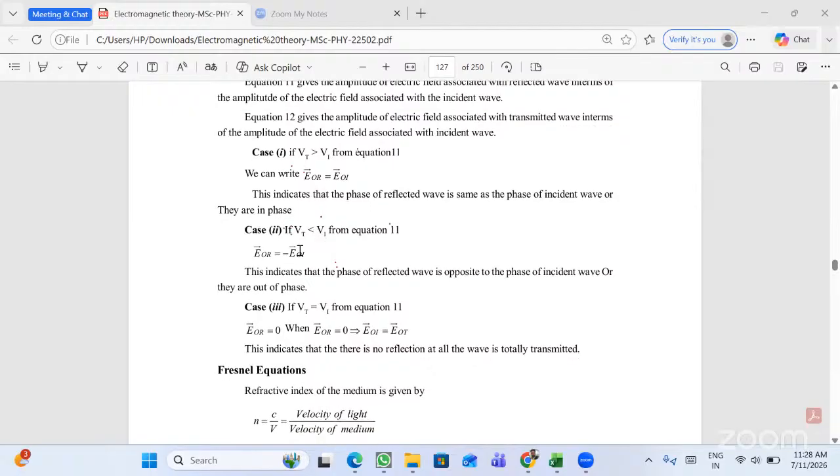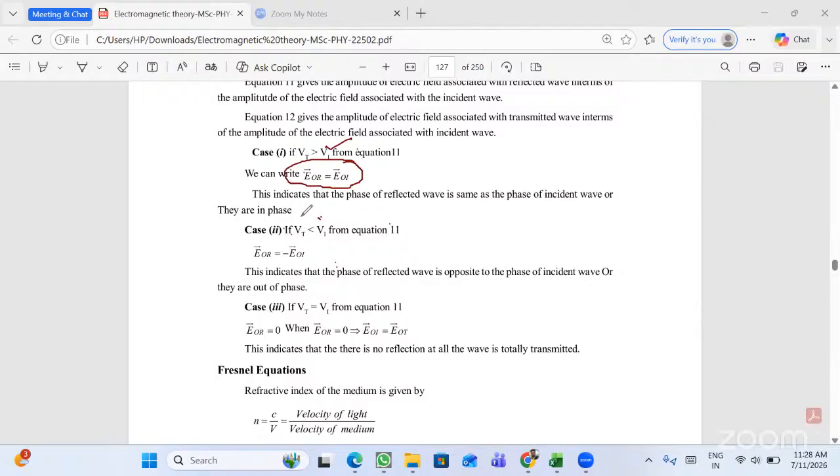So these are the different cases you are going to get. In one case, if Vt is greater than Vi, this is the condition, that is E naught R is equal to E naught I. Understand? This condition you are going to get in this case.